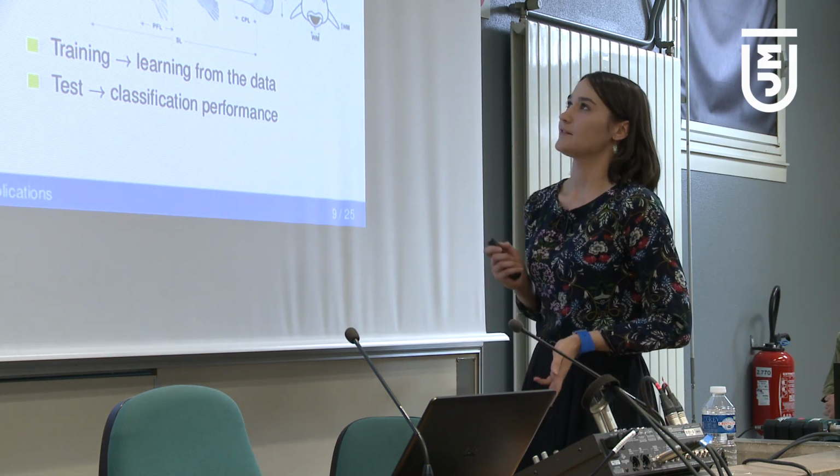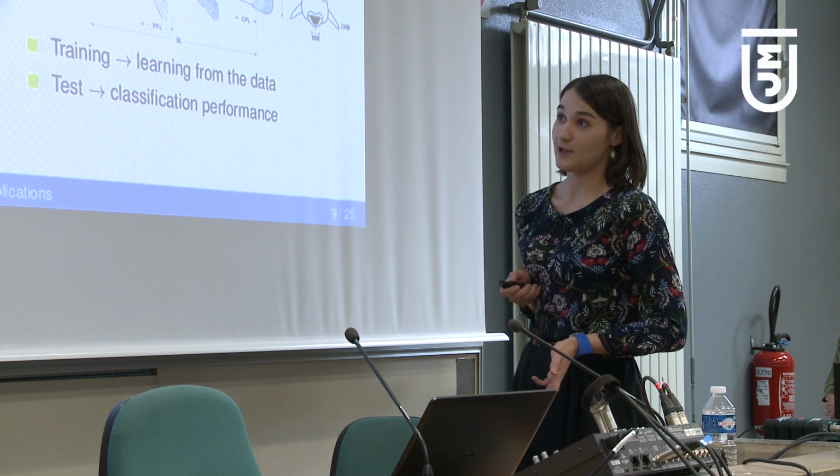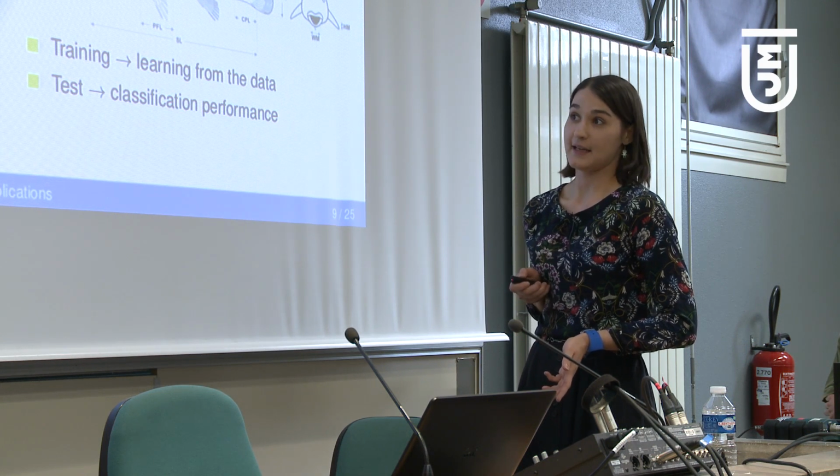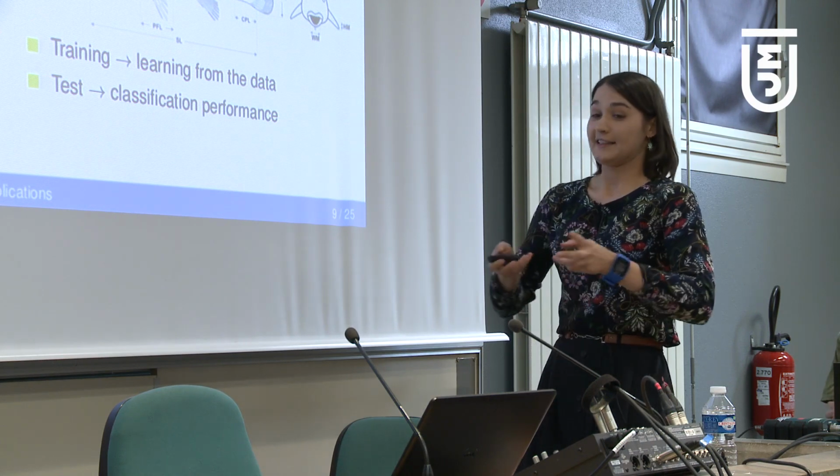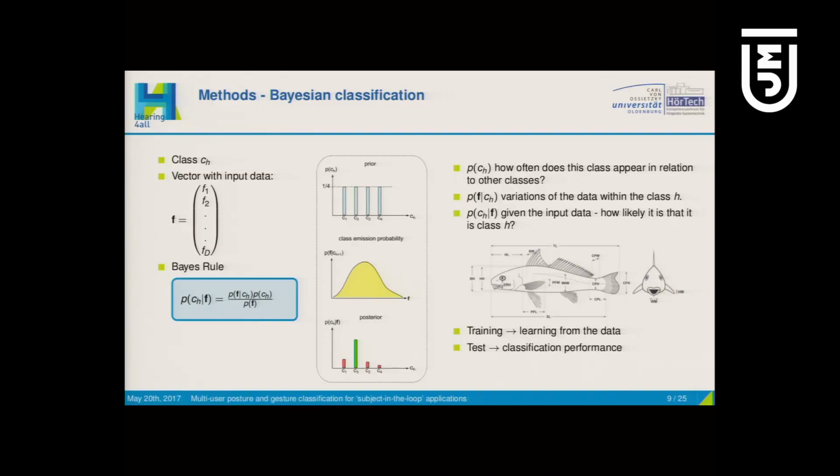Having these two probabilities, we can solve the task and obtain a posterior probability, which tells us, given that we have just taken a fish from the sea and measured its length and width, how likely it is that it is a salmon, how likely it is that it is a shark, and so on.